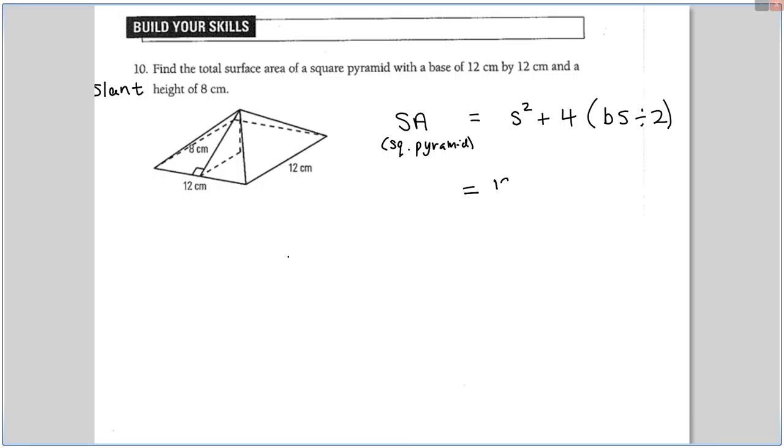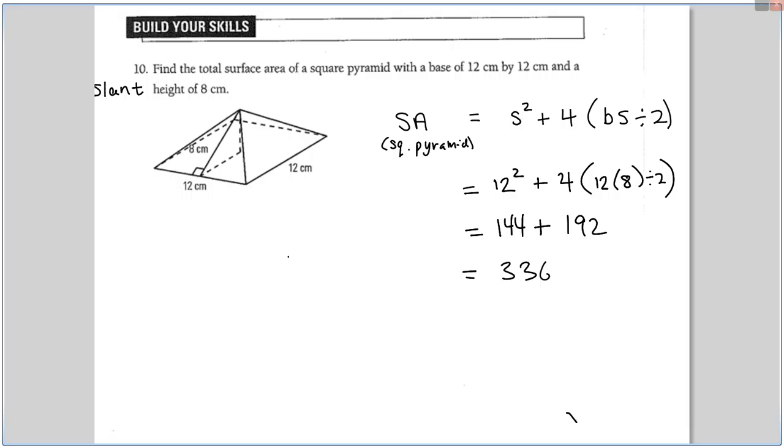Okay, so 12 squared, that's going to get you the square on the bottom, plus the 4 triangles, which would be 12 times 8 divided by 2. So basically the square would be 144 plus 192 from that.